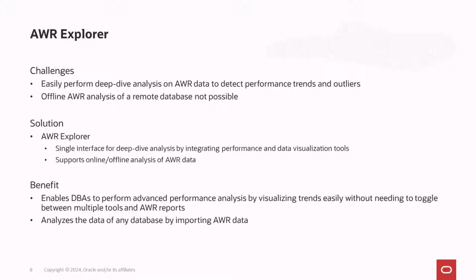It allows DBAs to visualize trends and spot outliers easily without switching between multiple hourly AWR reports, streamlining the performance review process. AWR Explorer allows offline analysis of imported data and provides cross-database comparison, which is particularly useful for environments with multiple databases.